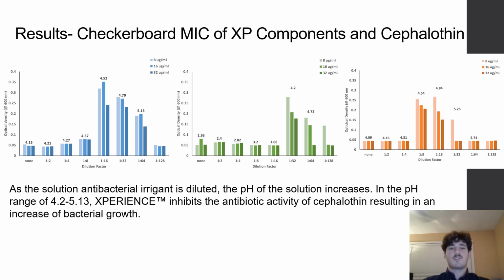But as the solution's antibacterial agent is diluted, the pH of the solution increases, and at the pH ranges of 4.2 to 5.13, Xperience inhibits the antibiotic activity of cephalothin, resulting in an increase of bacterial growth.